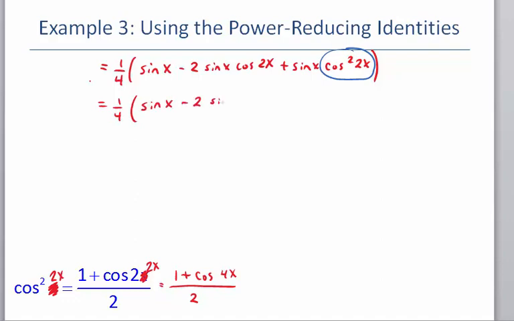So I'm writing everything exactly as it is. And when I come to this cosine squared 2x, I'm going to substitute in my power reducing formula. I'm going to go ahead and distribute my sine across that fraction.